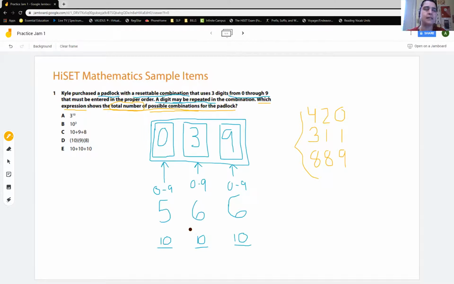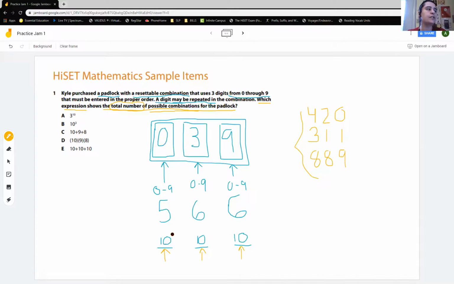The first event happens when I set the first digit. And then the second event happens when I set the second digit. And then the third event happens when I set the third digit. So this is a situation where there are 3 different events taking place, and we're looking at the total possible number of combinations for these 3 events.